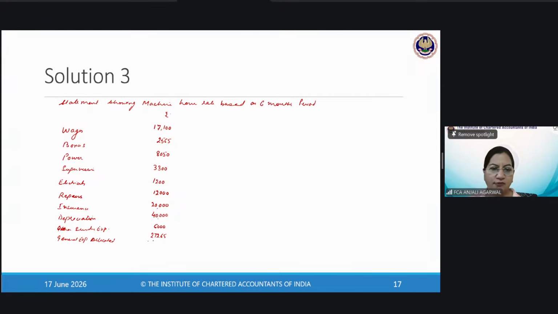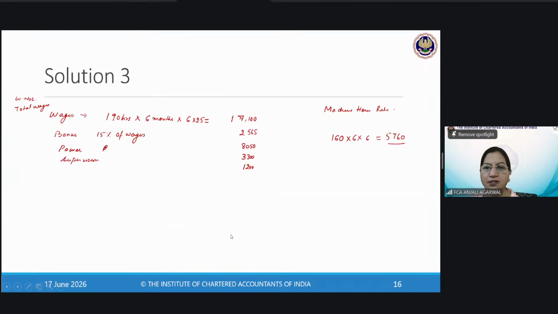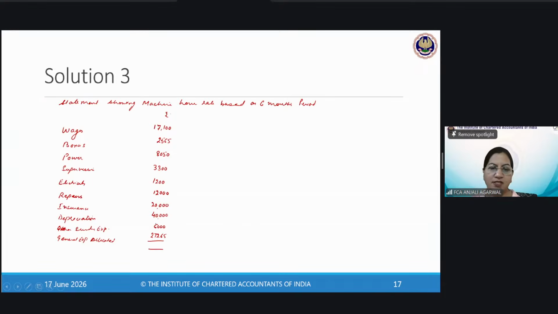You'll take the total of these expenses and divide by machine hours run in this period, 5760. That will give you the comprehensive machine hour rate, right? We can calculate quickly.